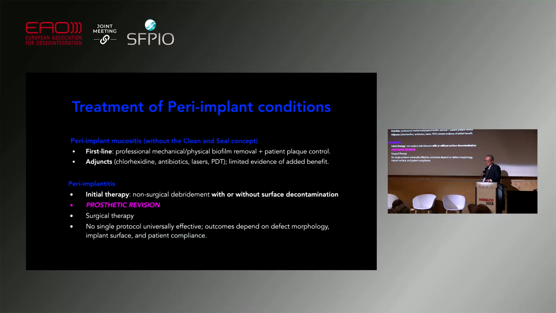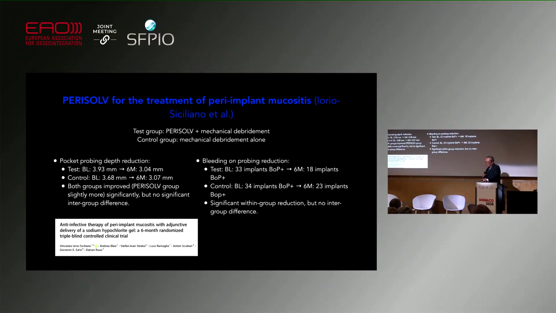The second question is whether the surface of the implant should be or can be decontaminated. Then, which could also be mentioned at the mucositis part, the prosthetic revision of the work. Then some surgeries are needed, but these surgeries are always individualized and should depend much more upon the defect morphology and the patient compliance.